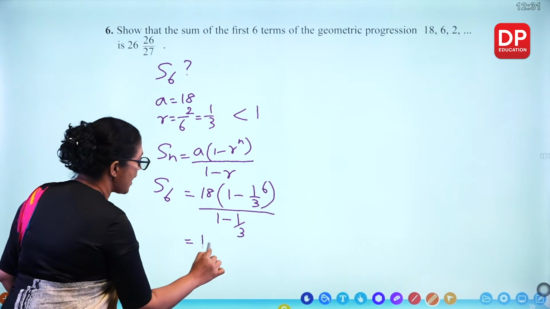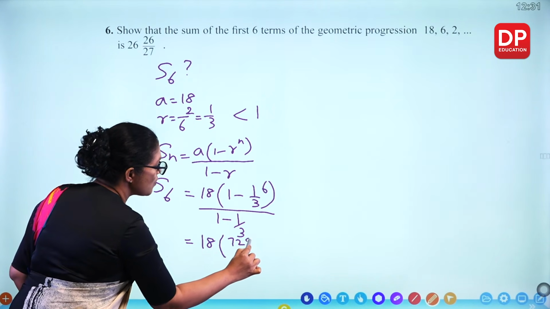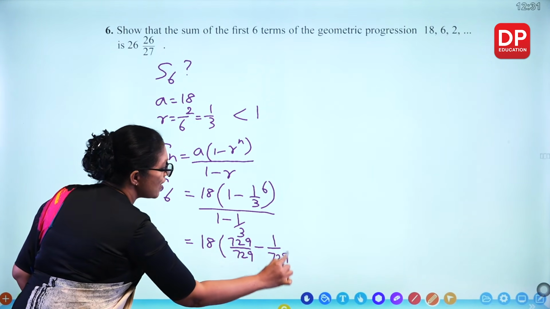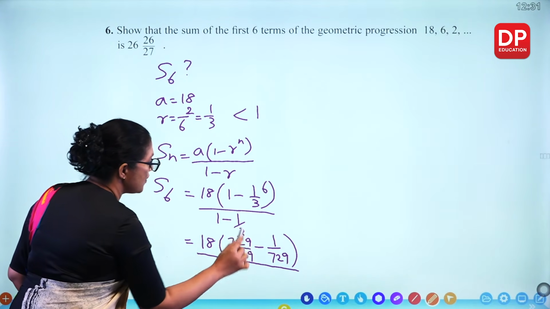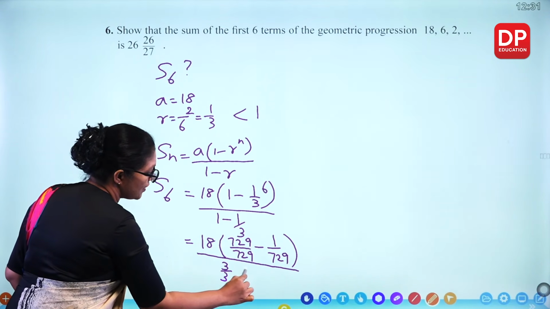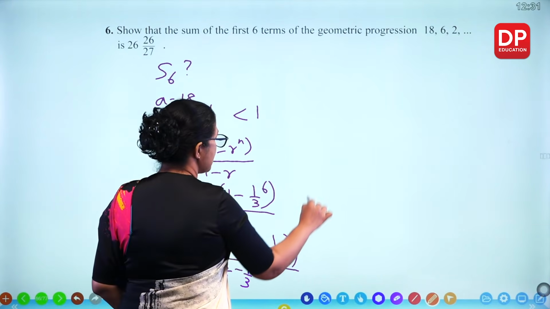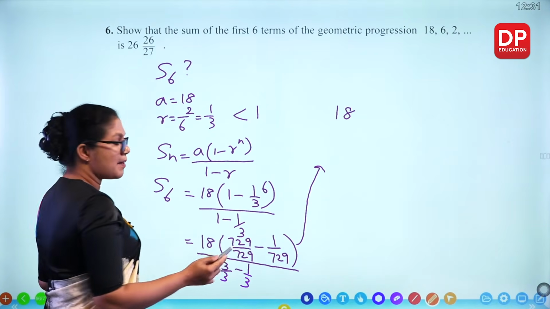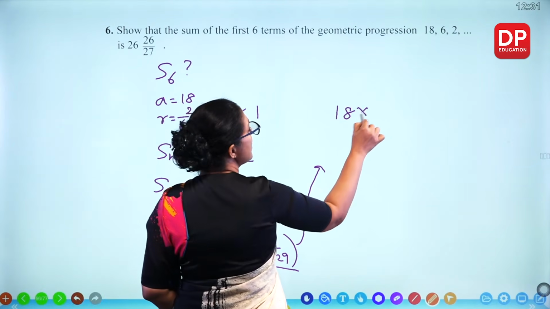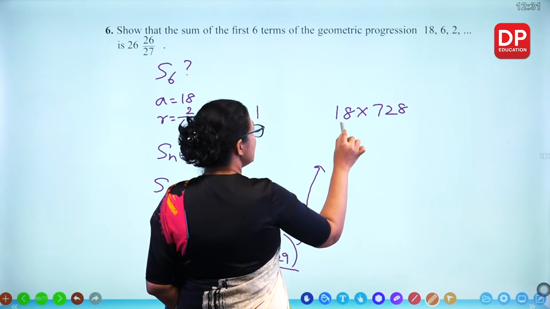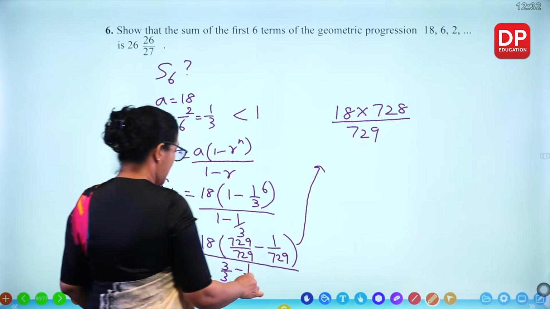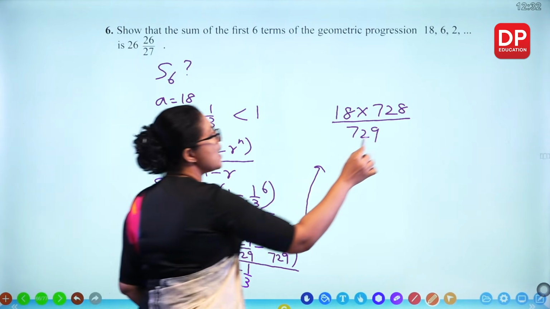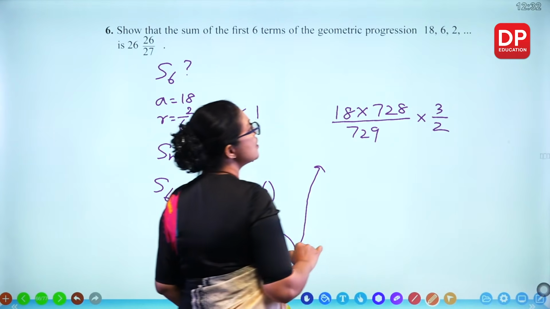Now, what's 3 to the power 6? 729. So I can write this one as 729 over 729 over 1 minus 729. Here I can write 3 over 3. So when I simplify this, I get 18, 729 minus 1, 728, divide by 729. And here 3 minus 1 is 2. Divide by 2/3 means multiplied by 3 over 2.